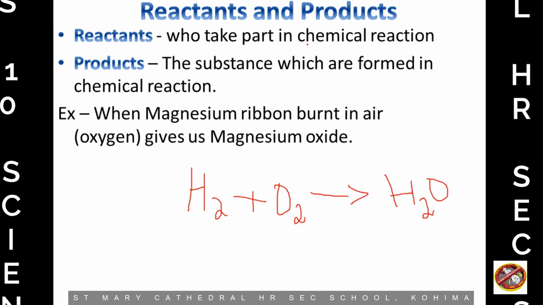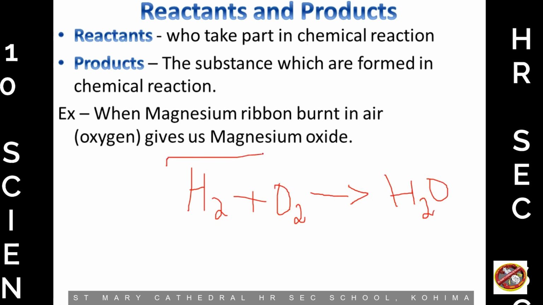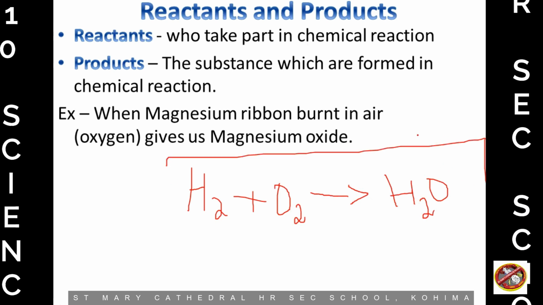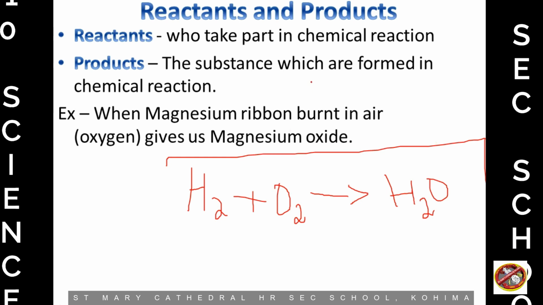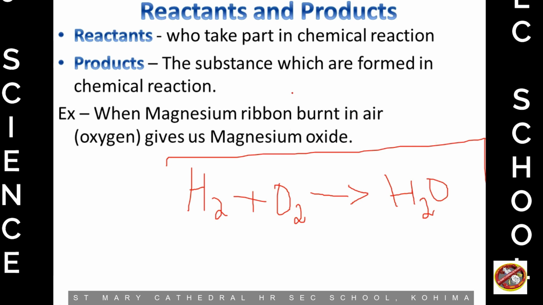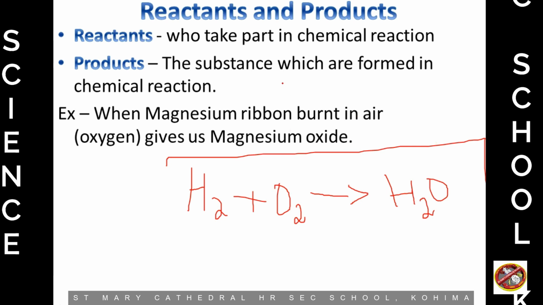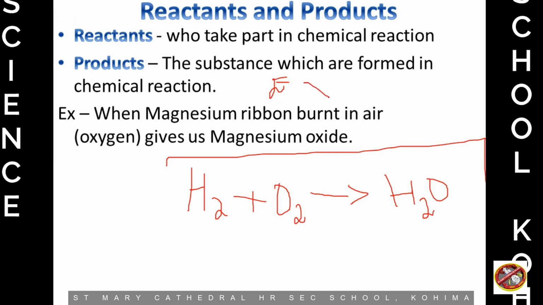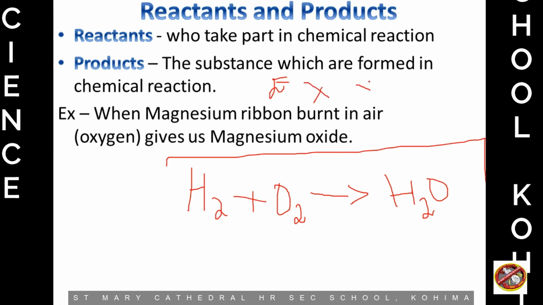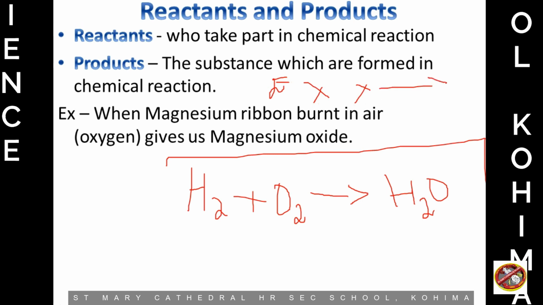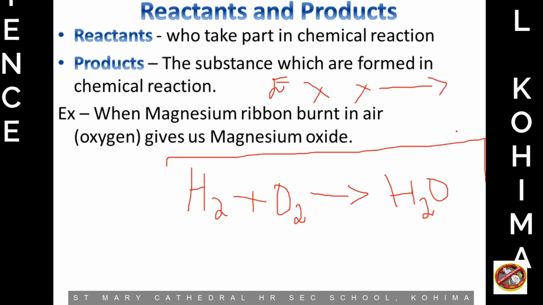Why do we even have to balance them after reacting? Because in your class 10 you have studied that substances or chemicals, or you can say energy, can never be created, nor can they be destroyed, but they change their form.